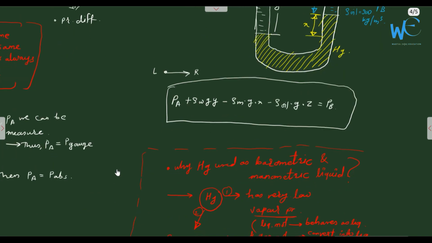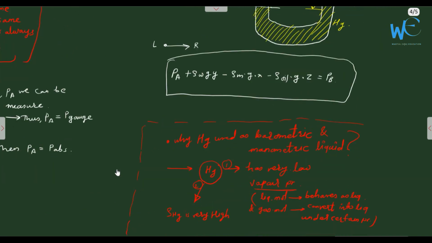Here one question arises, if you have concentrated throughout my study hours. Why is mercury used as the barometric and manometric liquid? Didn't you find it strange? Why do we use only mercury?